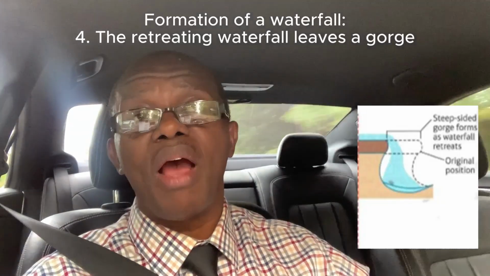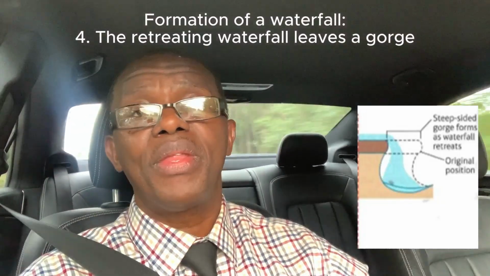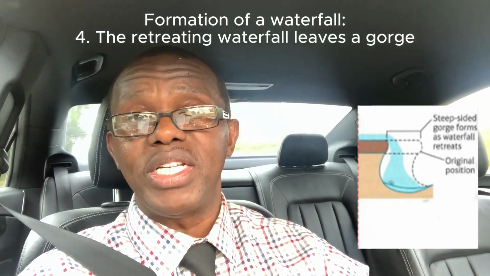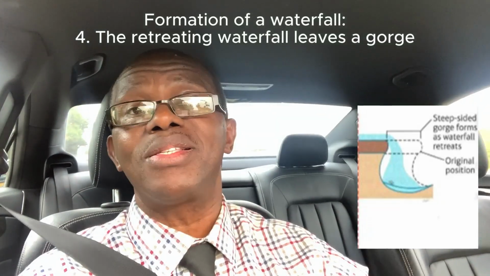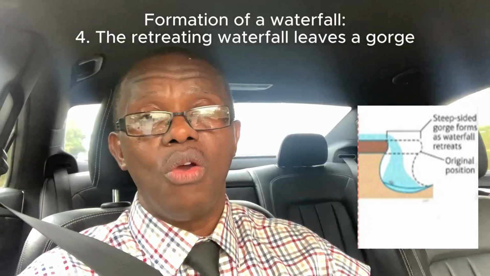So the waterfall is going to retreat, and as it retreats, the process will keep on repeating itself. And because it will keep on retreating, you will have a large area left where the waterfall used to be before. That area is referred to as the gorge.